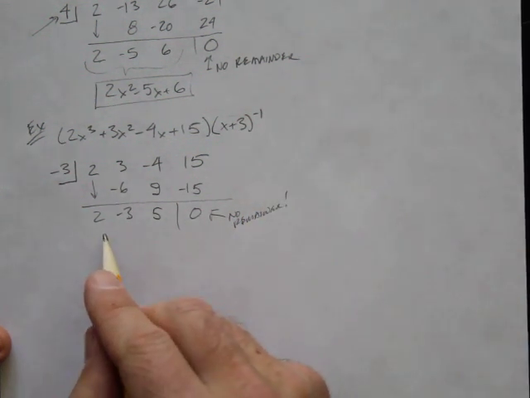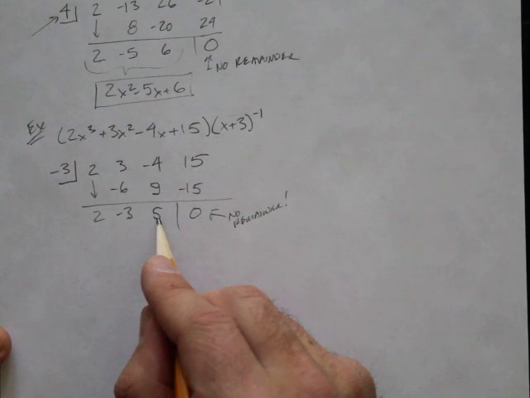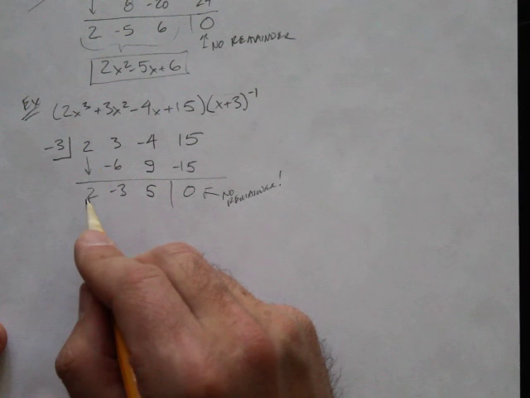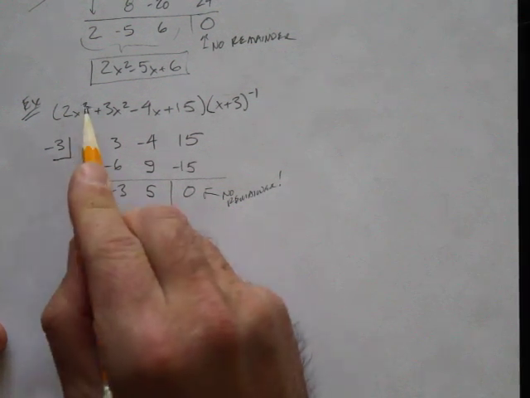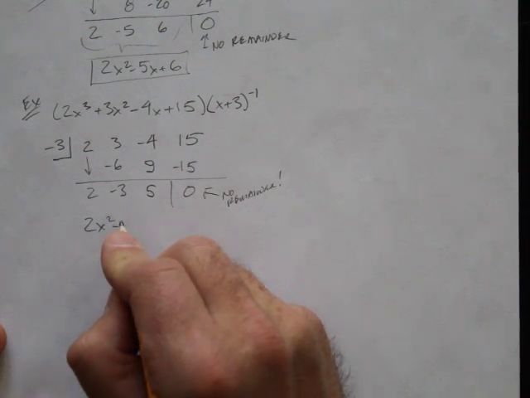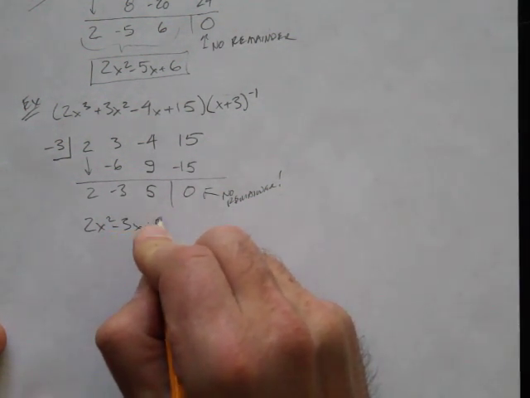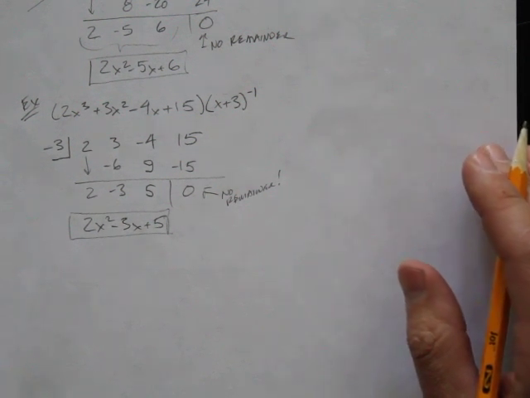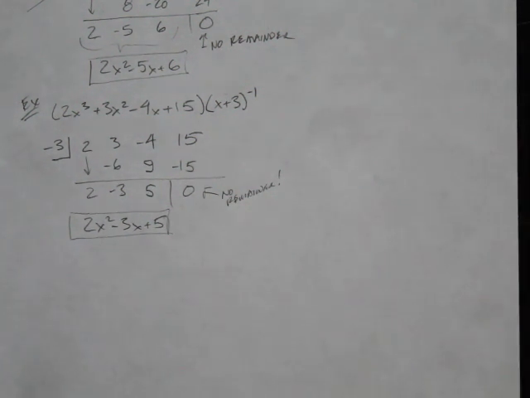Yay. And now I need to write this depressed polynomial, is what it's called. 2x, since this was cubed, this one's going to be squared now, minus 3x plus 5 is my answer. Okay, let's do another one.